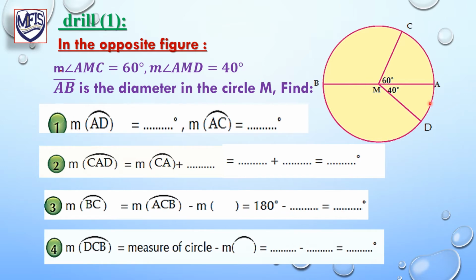This arc AD. If I want to find the measure of arc AD, that means I will find the central angle which is drawn on this arc. Again, measure arc AD equals the measure of central angle which is drawn on this arc. So the measure arc AD equals 40 degrees.